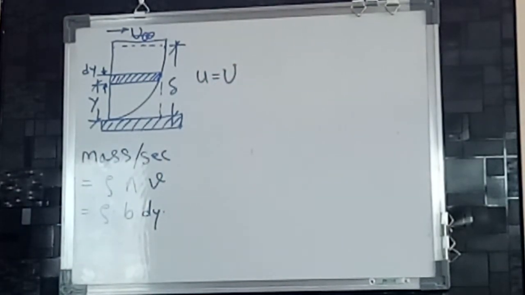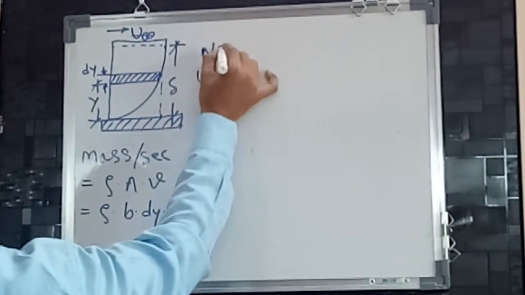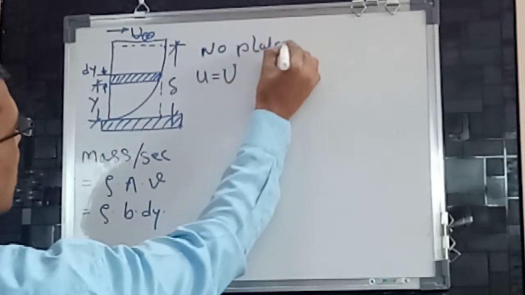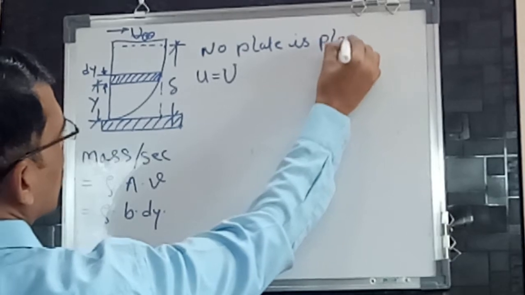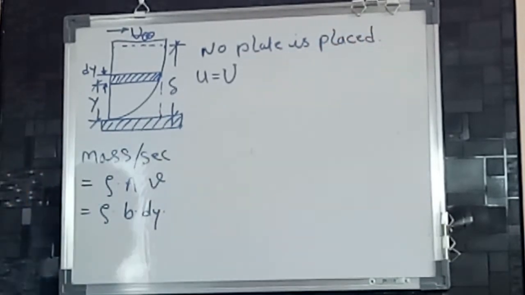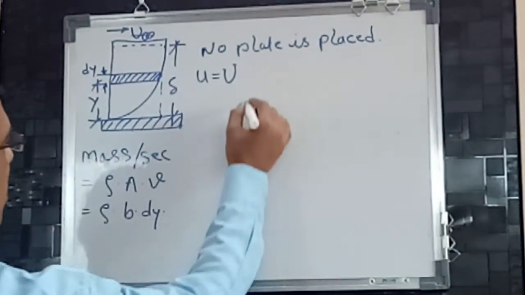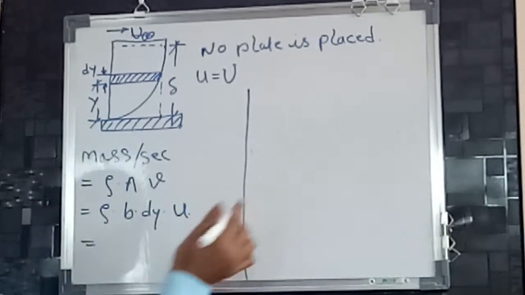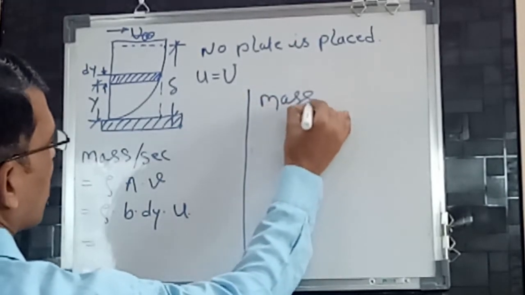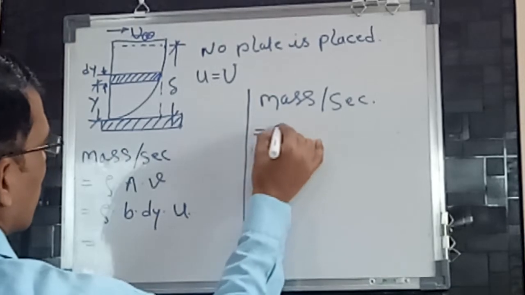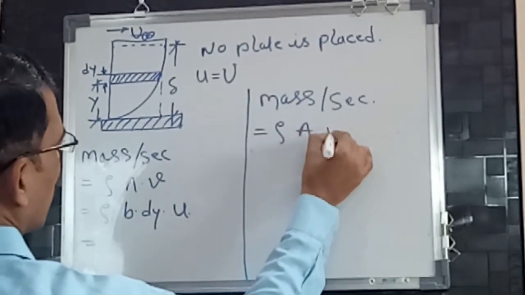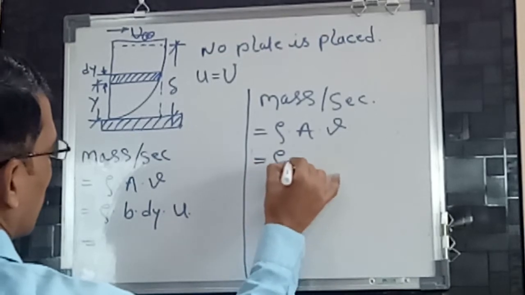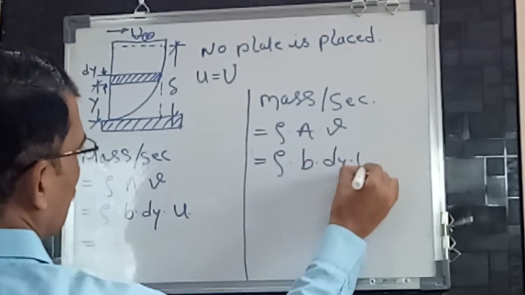Okay. So the mass per second through the strip, if no plate is placed, is rho b dy into u.